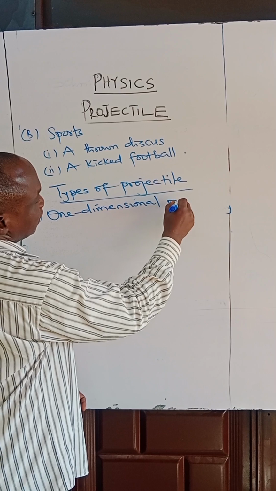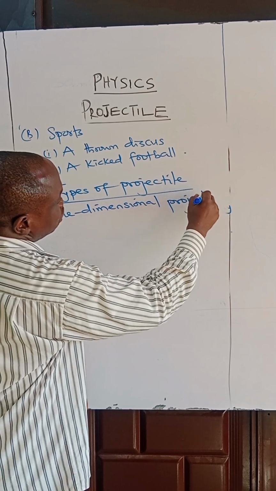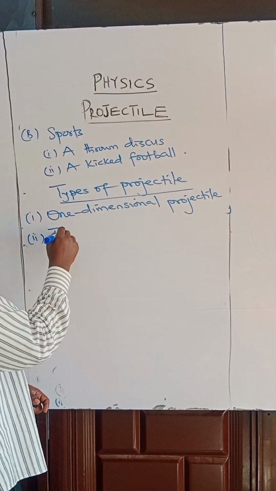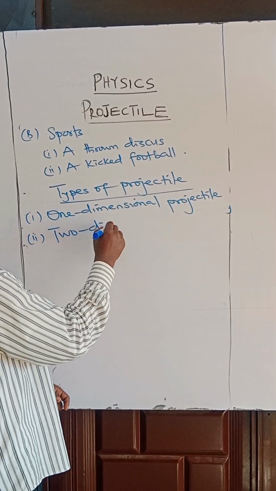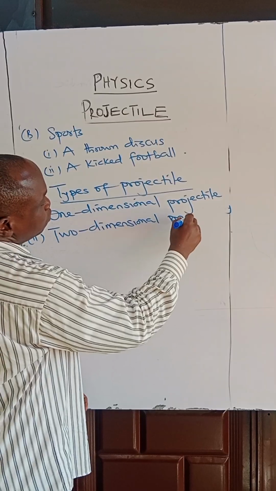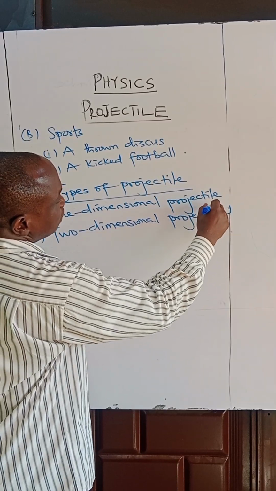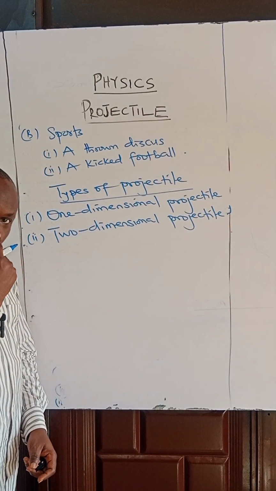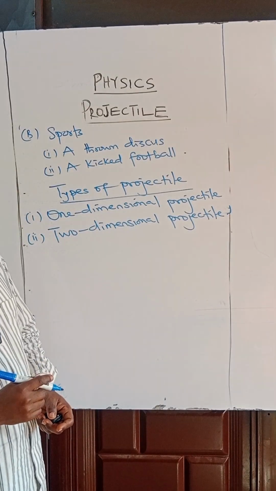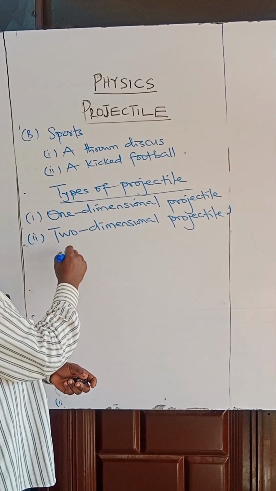Two, two-dimensional projectile, projectile in two dimensions. These are the two types of projectile we have. Immediately after that, we take them one by one.